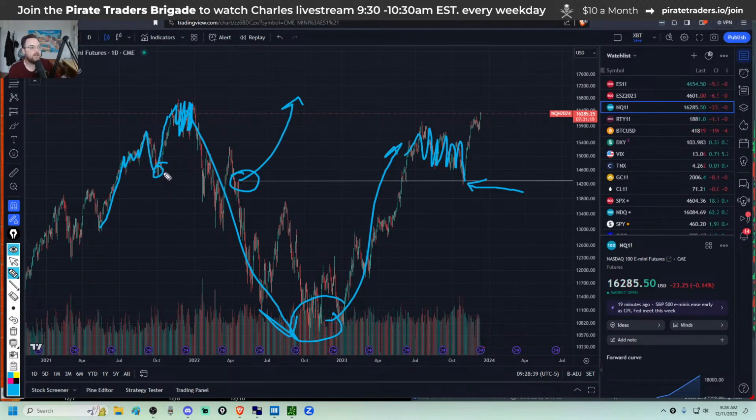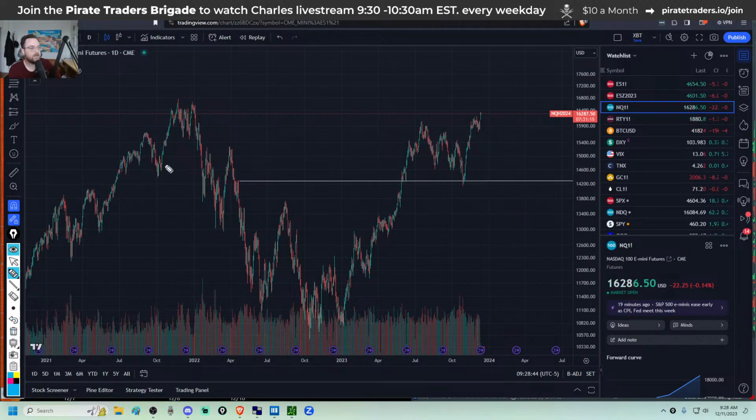If it worked here, if they could create enough momentum here to get to the all-time high, why on earth couldn't they do it right there? So what's the other side of that coin? Well, if they fail and they pull back in, guess what? Right back down.